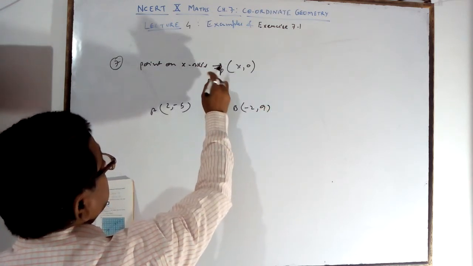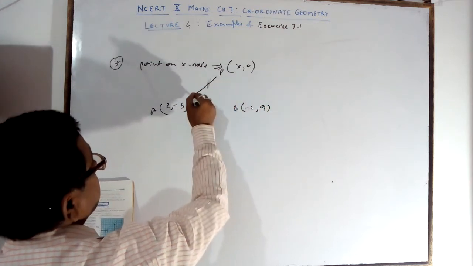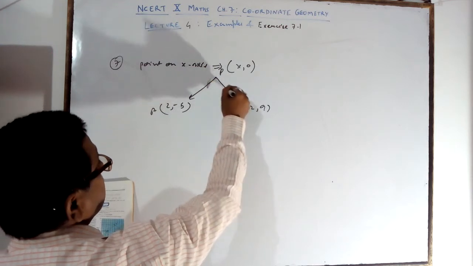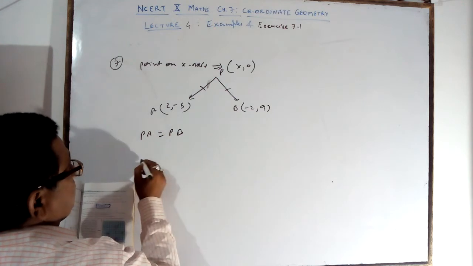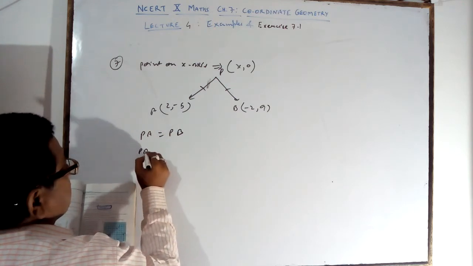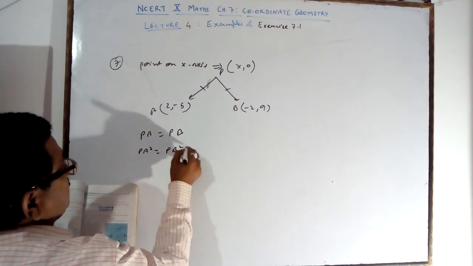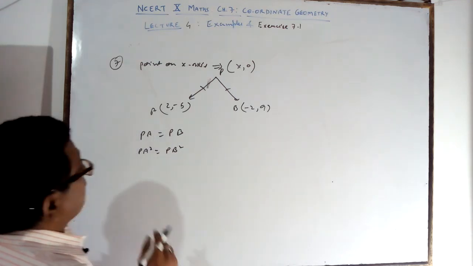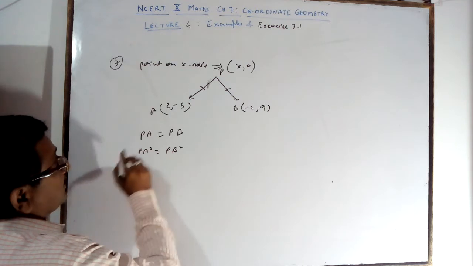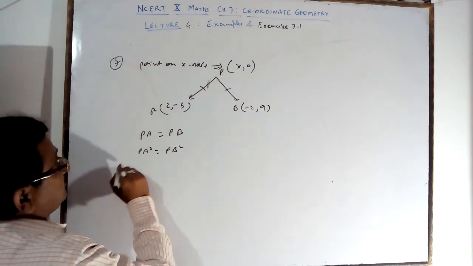Let it be a point P, point A is 2 comma minus 5 and point B is minus 2 comma 9. It is given that PA is equal to PB. It means PA square is also equal to PB square, like example number 4 I have told you.